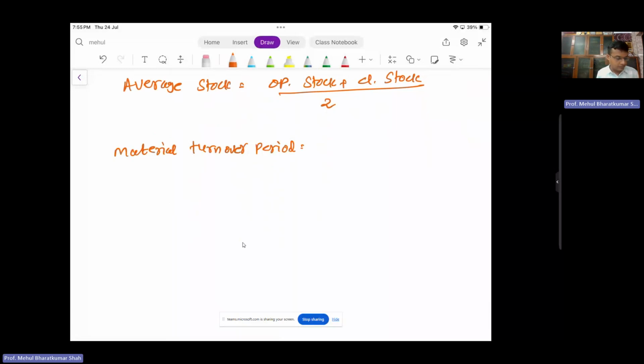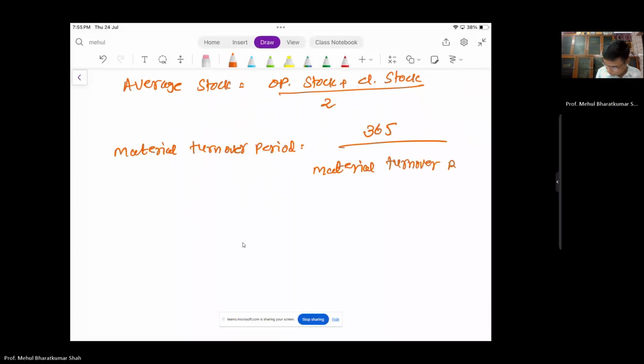Material turnover period is equal to 365 divided by material turnover ratio. So this is about this chapter.